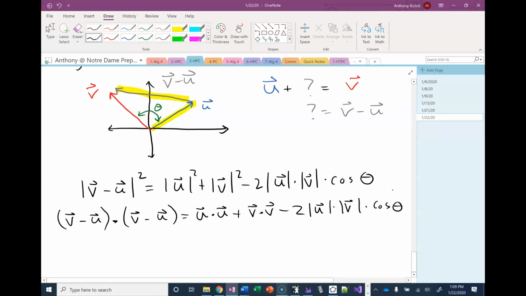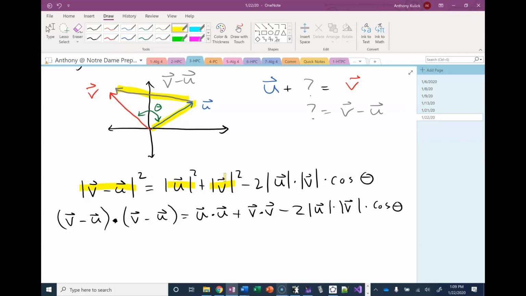I just applied the magnitude property, so it applied here, here, and here, where the magnitude squared is the same as the dot product of the vector with itself.